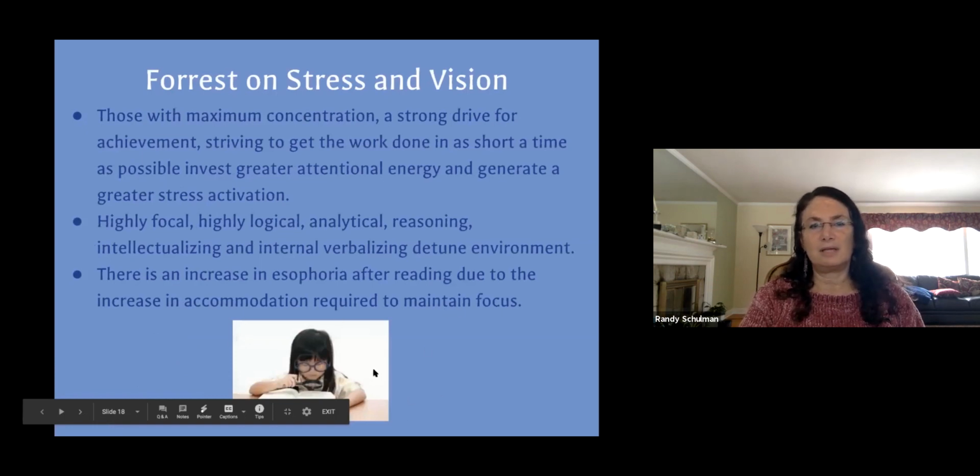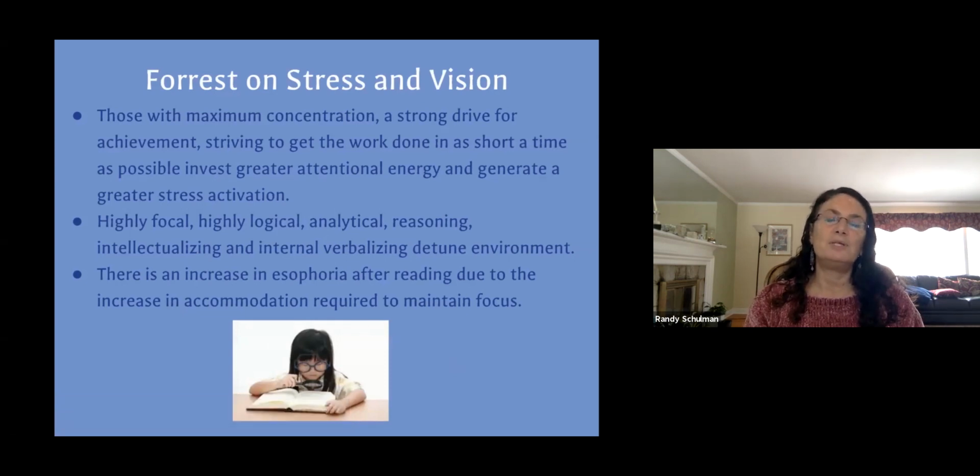Well, here's the caricature of it: those with the most concentration, strong drive for achievement, striving to get work done in a short amount of time, will invest greater attentional energy and then generate a higher stress activation.